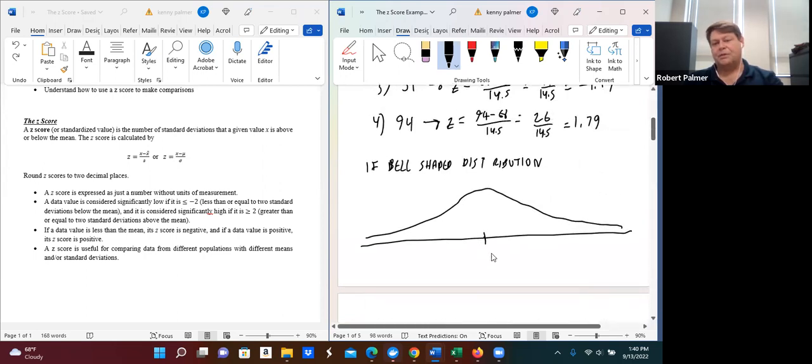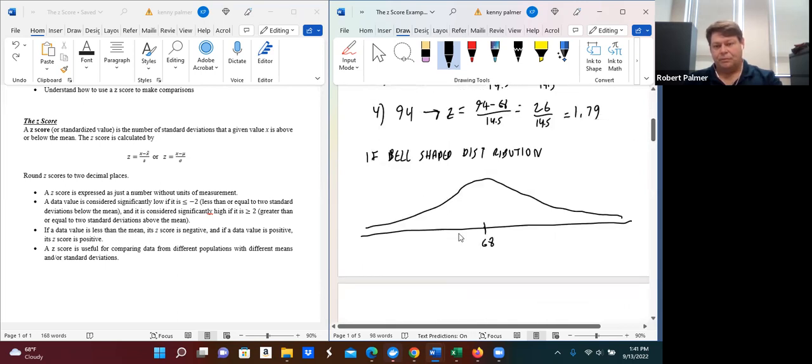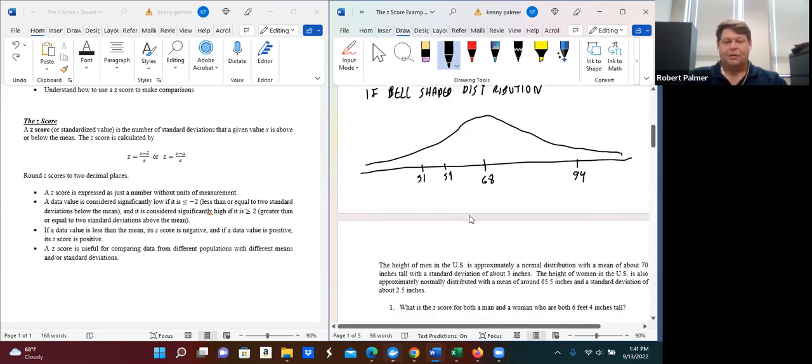Let's draw the original distribution. So we had 68. And then our values were 54, 51, and 94. Now, I need to move this for our next example, so give me a moment.